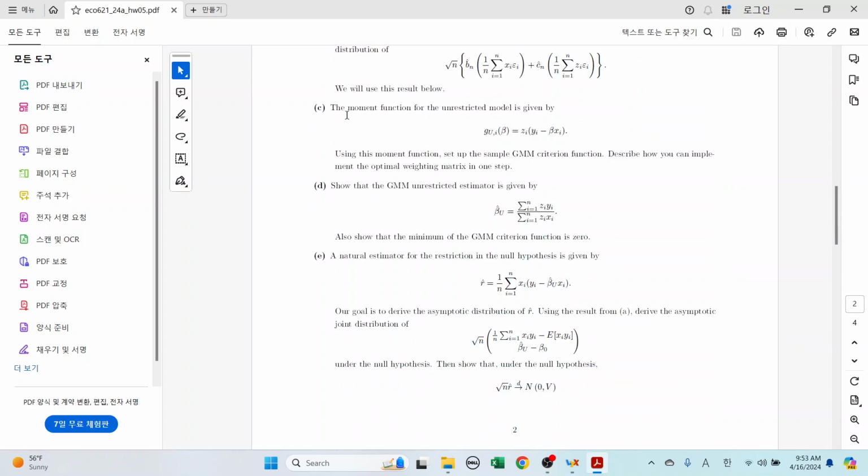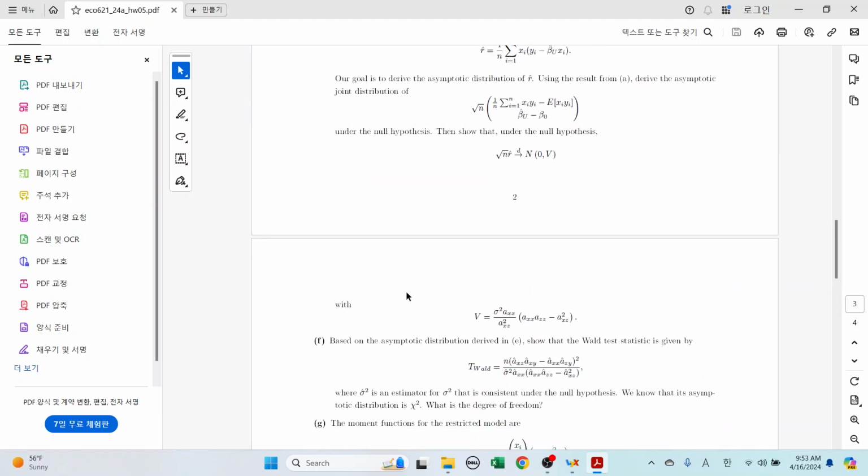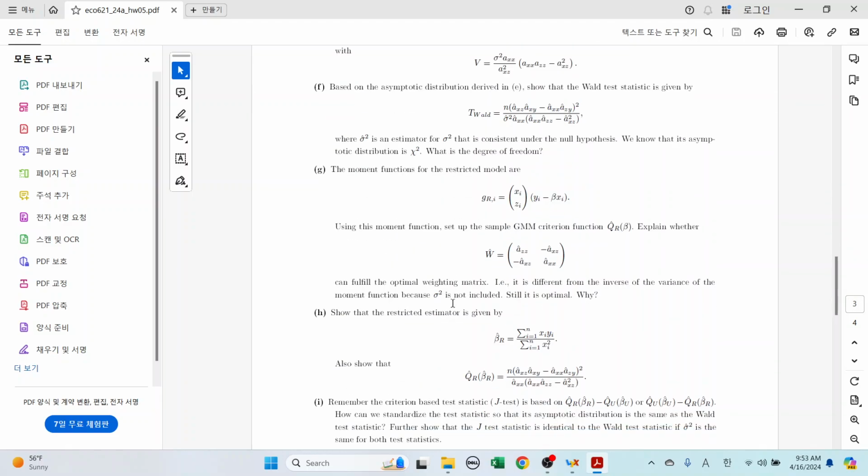Let me start from part C. Part C is about the unrestricted model and D the unrestricted estimator. Part E is Wald test, and part F is about Wald as well. Part G is the restricted model.